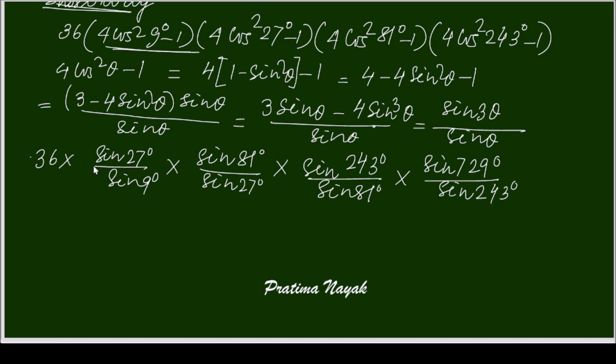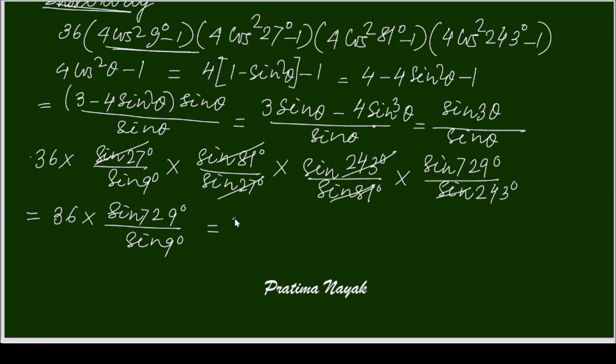So these cancel, 27 27 cancel, 81 81 cancel, 243 243 cancel. So you are getting 36 multiplied by sine 729 degree over sine 9 degree.